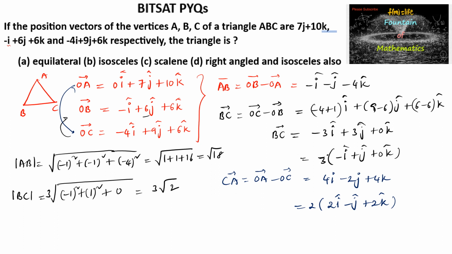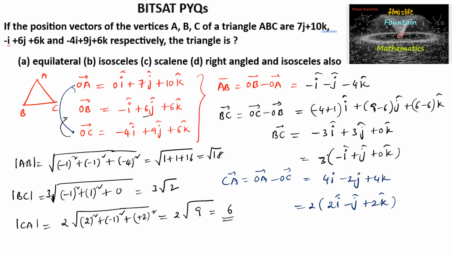And again, the length of the vector CA is equal to, 2 can be taken outside, 2 times under root of 2 square plus minus 1 whole square plus 2 whole square, which is 2 times under root of 4 plus 4, 8, plus 1, 9, that is 3. So 2 into 3 is 6.